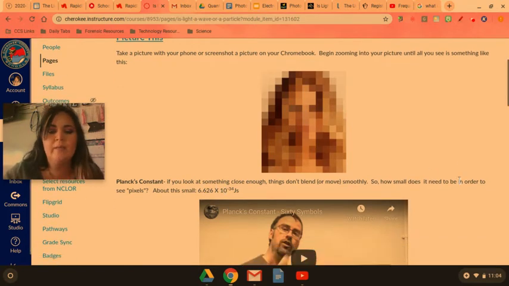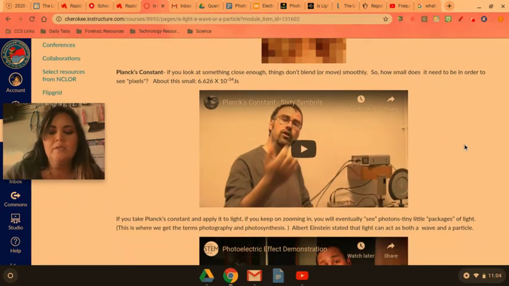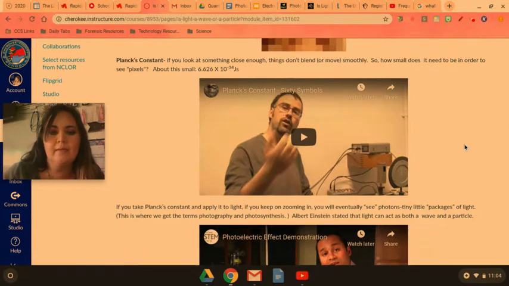Super tiny. And I have added a video that discusses that as well. If you take his concept that if you zoom in very, very closely, things become pixels, and you apply it to light, you're going to see photons. A photon is a very small package of light.